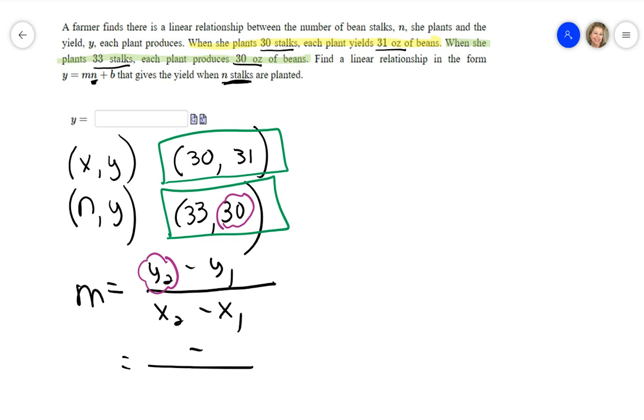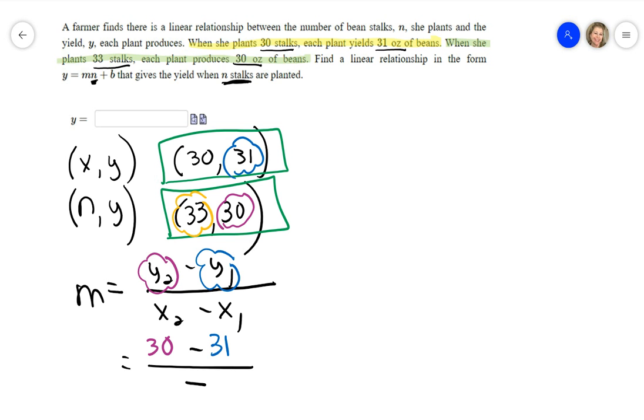So this is going to be 30 right here, and then minus y sub 1. This would be y sub 1. So 31 goes there. And then in the denominator, x sub 2 minus x sub 1.